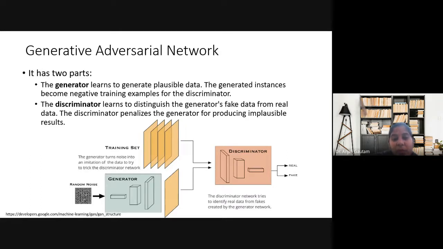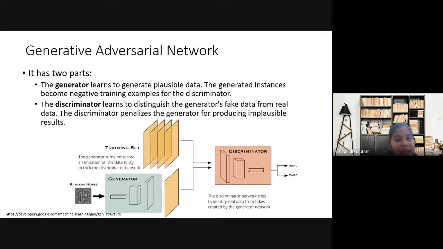At first it may not be able to give the exact skin cancer type image because it is generated from noise, so maybe something will be wrong. The discriminator, which is also a deep learning model, will tell that the result generated by the generator is fake. Based on that information, the generator will train itself again and generate one more image and give it to the discriminator.